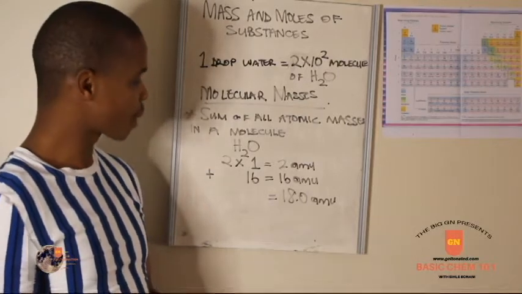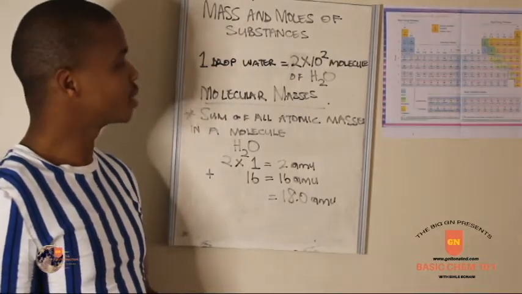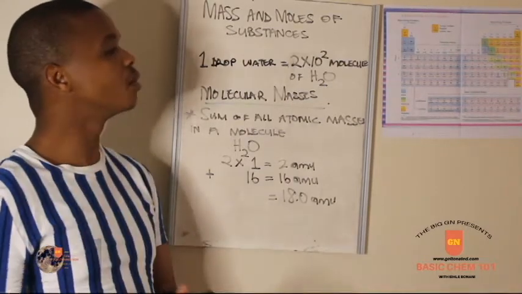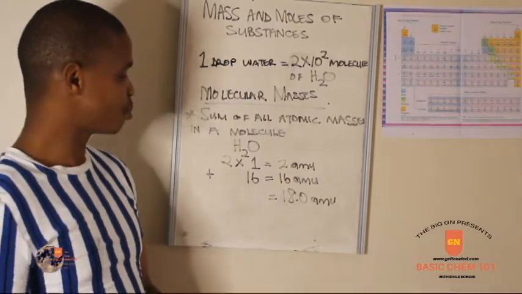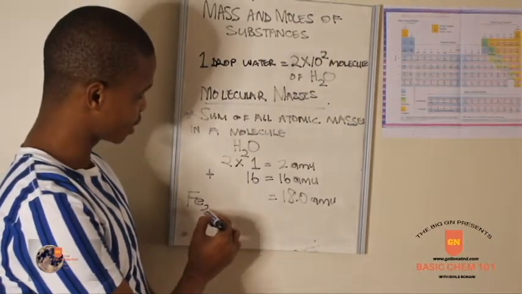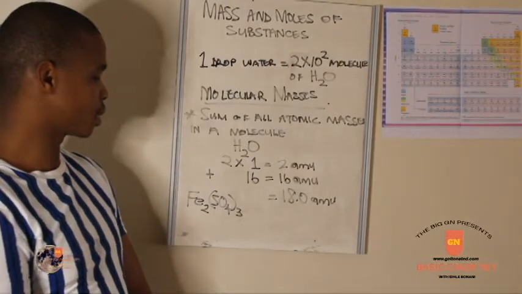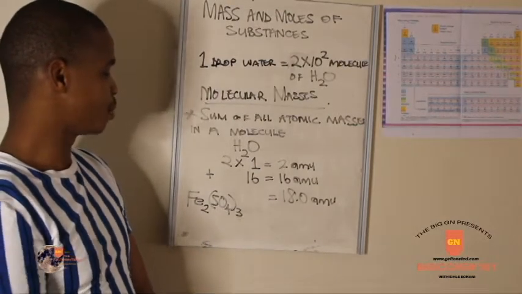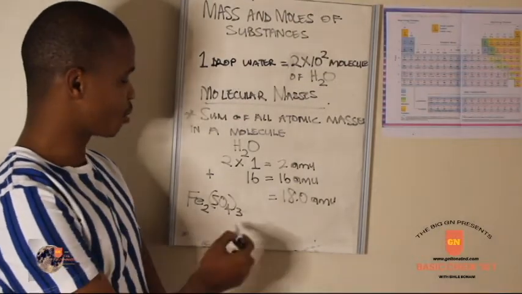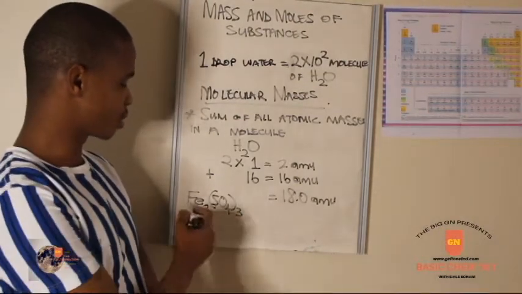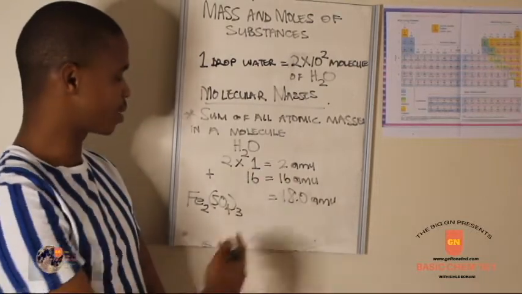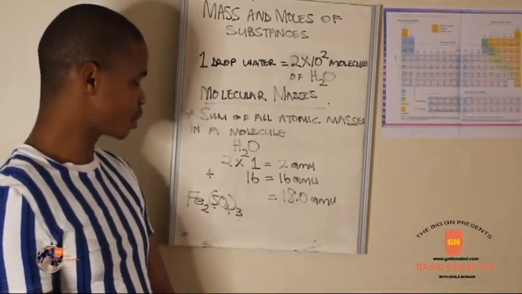If you can see, H2O is a molecule, but iron sulfate is not a molecule. It is an ionic compound, while H2O is a molecular compound, if you go back to what we spoke about.